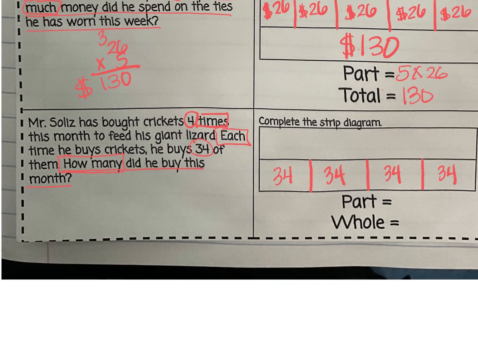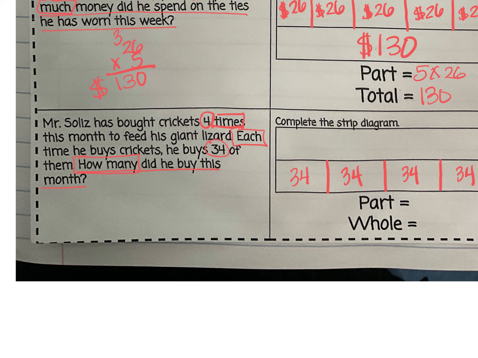What am I going to do to find the total of how many crickets he bought this month? William, what are we going to do? You're going to multiply 34 times 4. What is 4 times 4? Easton. 16. Put a 6 down, carry your 1. 4 times 3 is 12, plus 1 is 13.